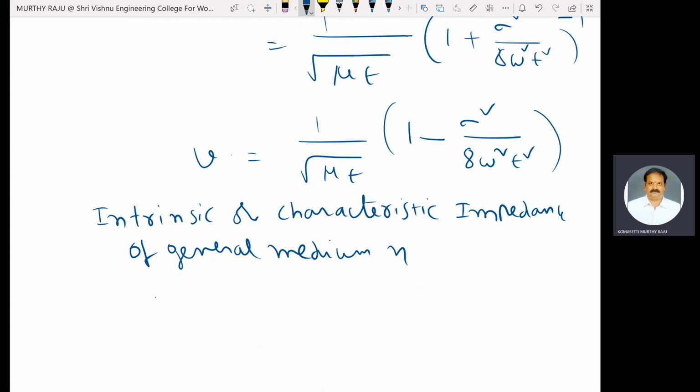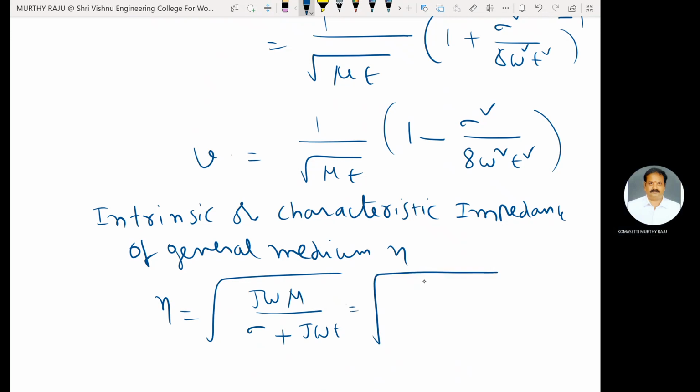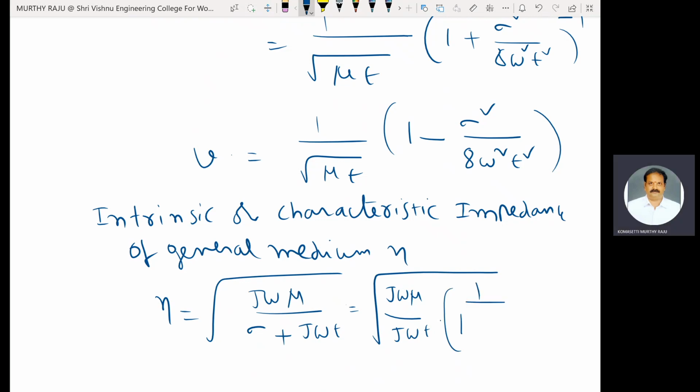Eta is equal to the square root of j omega mu by (sigma plus j omega epsilon), that is, j omega mu by j omega epsilon times 1 by (1 plus sigma by j omega epsilon). This j omega epsilon is brought outside, therefore the entire term is like that.